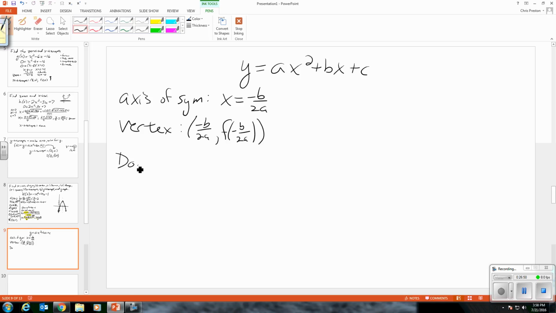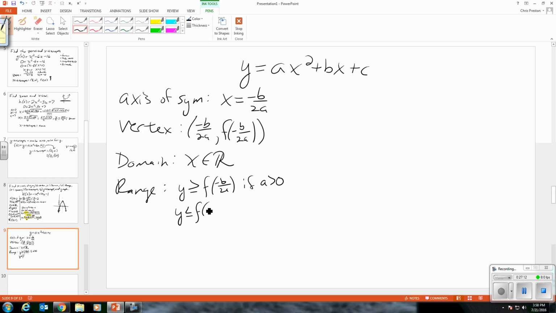The domain is all real numbers. Range is going to be y is greater than or equal to f of negative b over 2a if a is greater than 0, and y is less than or equal to f of negative b over 2a if a is less than 0.